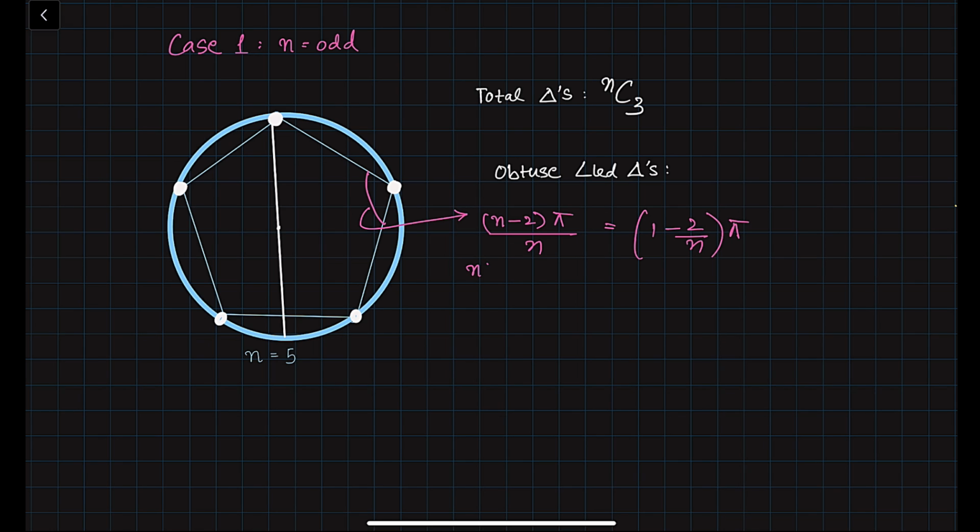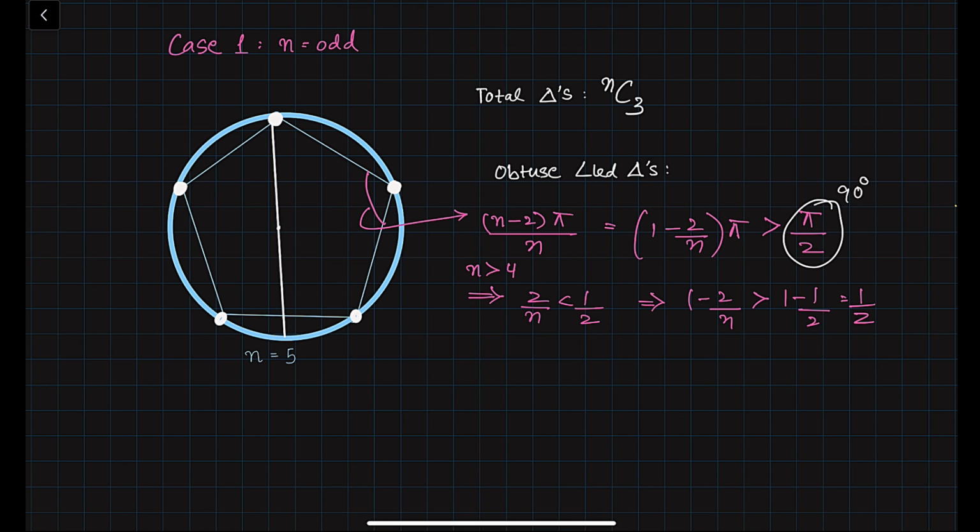Now we are given that n is greater than 4, which means that 2 by n is less than half, which implies that 1 minus 2 by n is greater than 1 minus half, which is half, right? So this is greater than pi by 2. So we have shown that the interior angle of an n-sided regular polygon is obtuse, which is greater than 90 degrees.